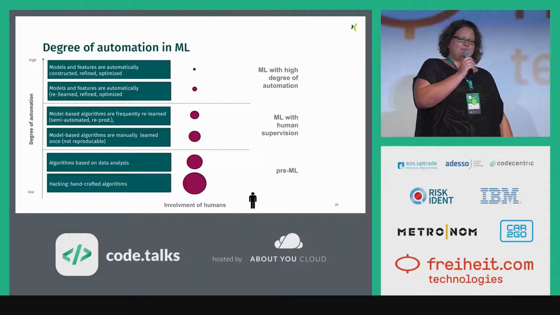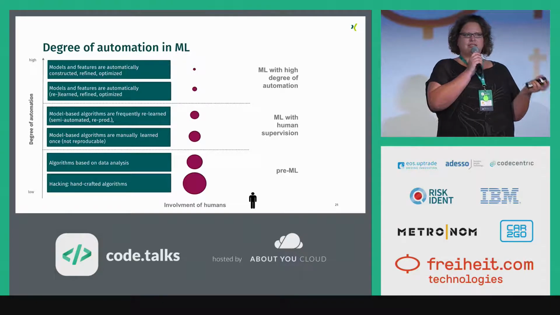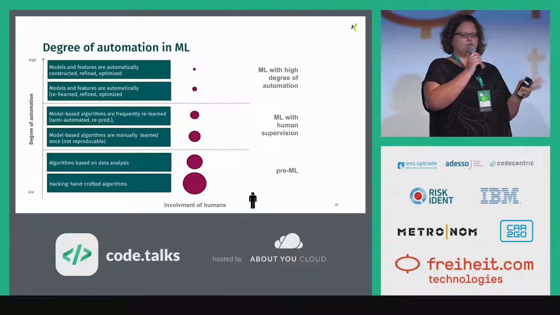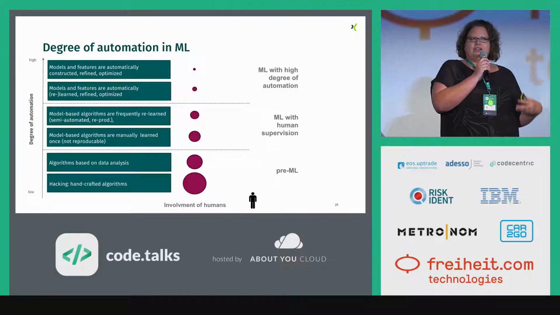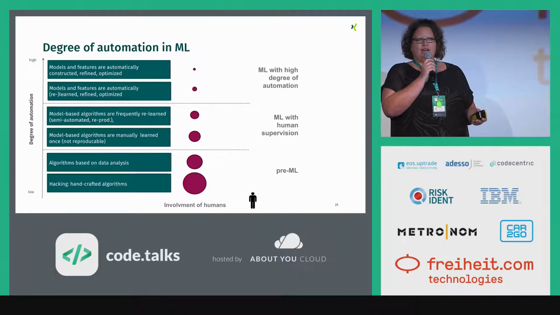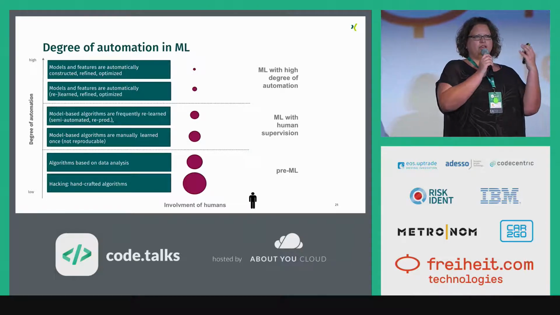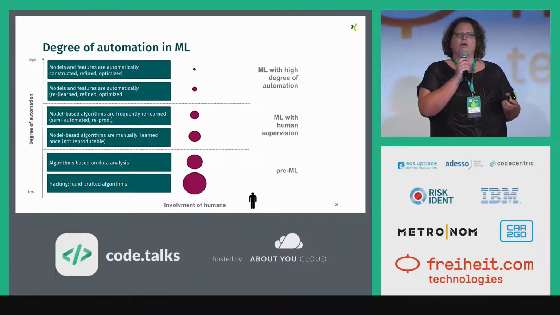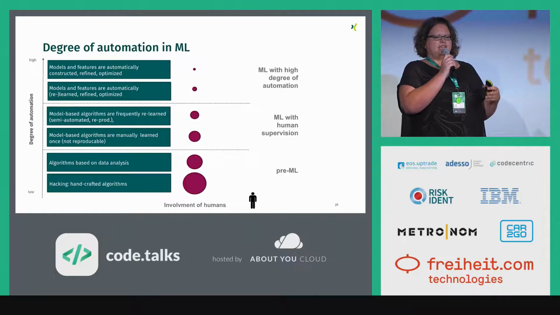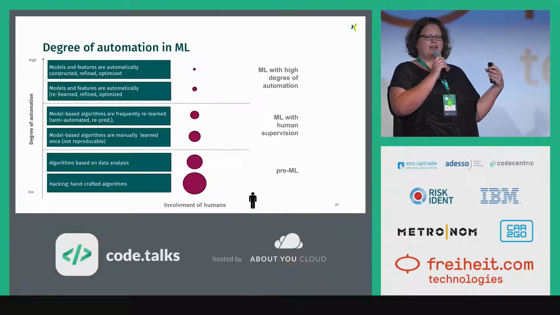The next step would be algorithms based on data analysis. This is something we actually have in one or two challenges, where we don't have a ground truth, where we can't train a training set, but we can do some analysis. A human or a domain expert can make sense of the data, and this is where we come up with rules. But the human is pretty much involved here, and we have to do it again and again whenever something changes.